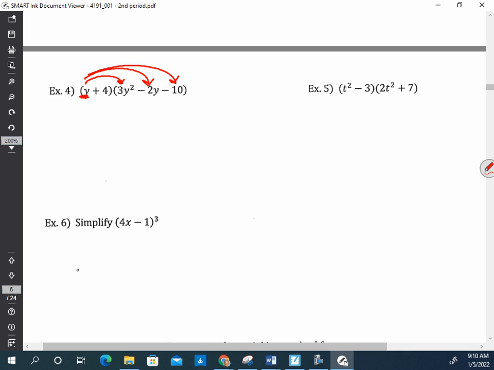So you have y times 3y squared, it becomes 3y cubed. Y times negative 2y, negative 2y squared. Y times negative 10, negative 10y.